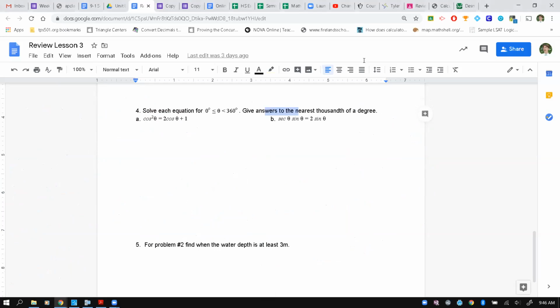So the idea here is this is not of quadratic form, but you can solve it by first getting all of your trig functions onto the same side of the equation. So I'm going to subtract 2 sine of theta from both sides.